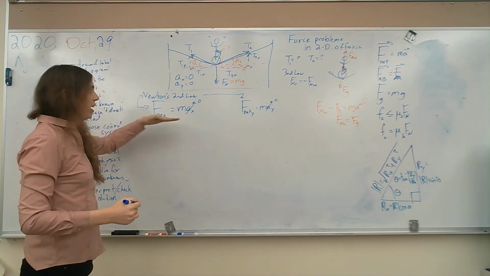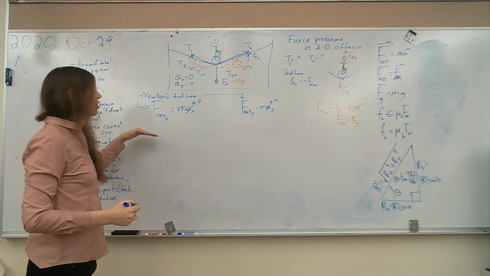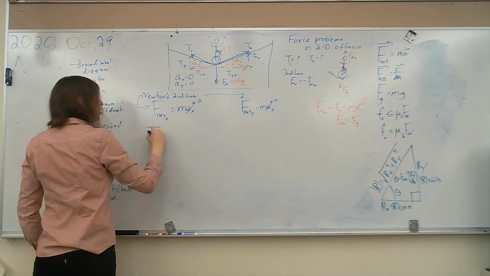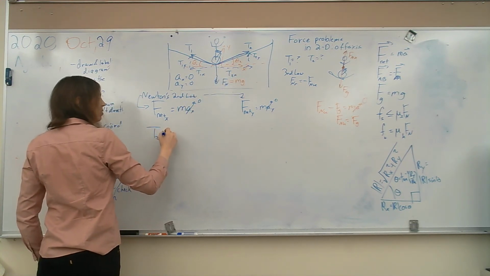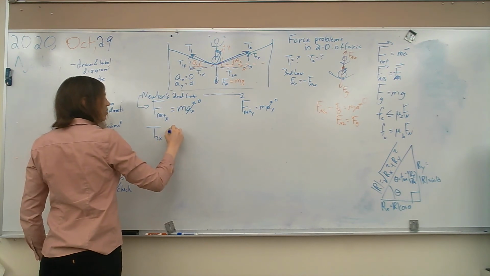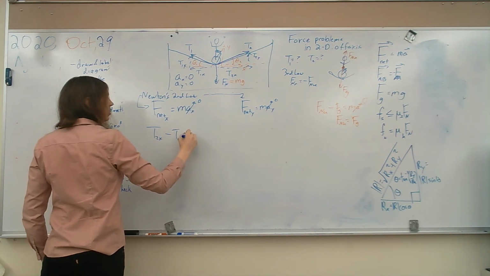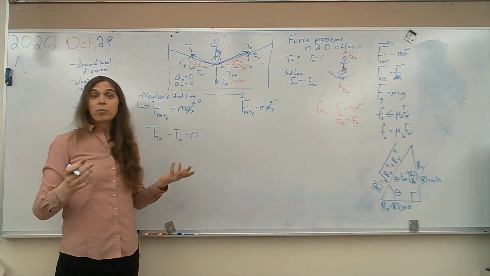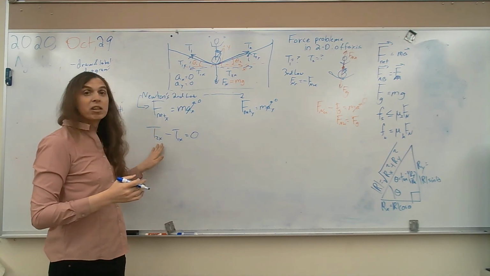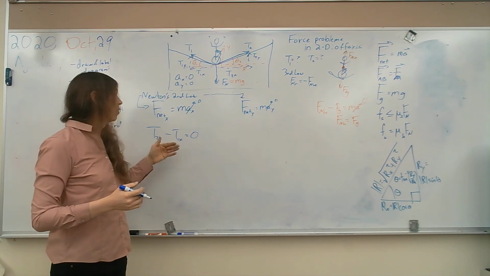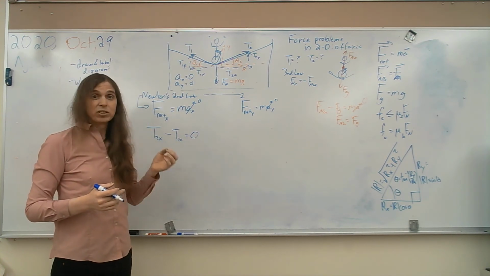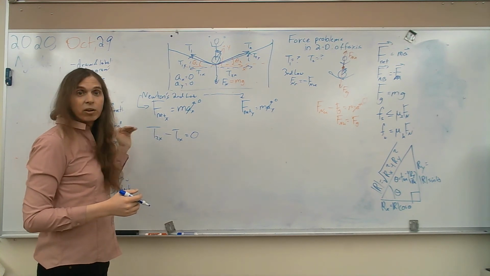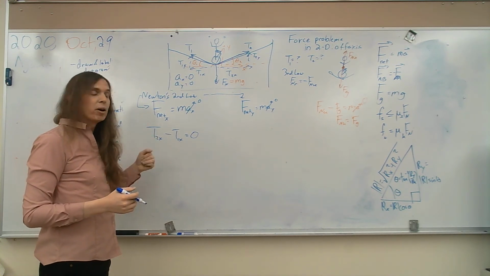And so if we look in the x direction, our horizontal direction, we've got T2x in the positive x direction and T1x in the negative x direction. So we're representing these here, writing them as magnitudes rather than expressing them as vector quantities. Since they are collinear, we're looking at the components.